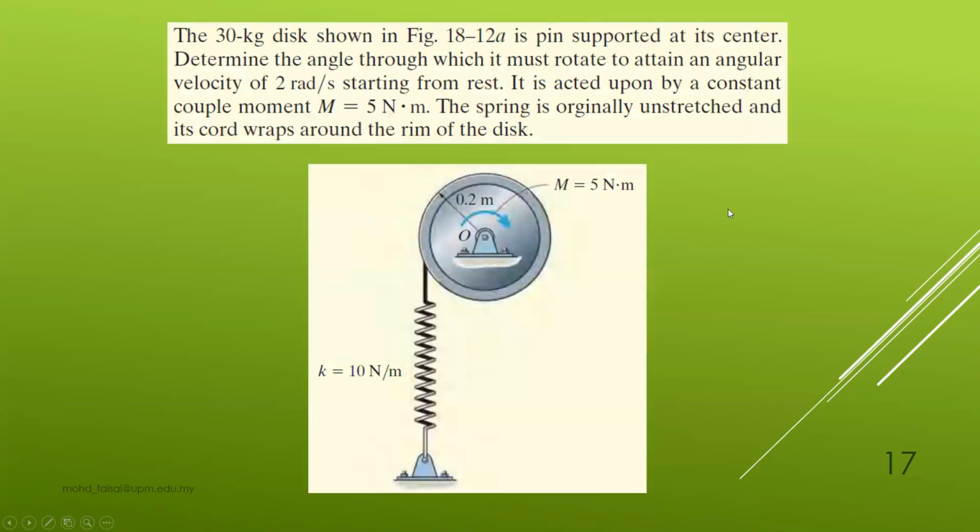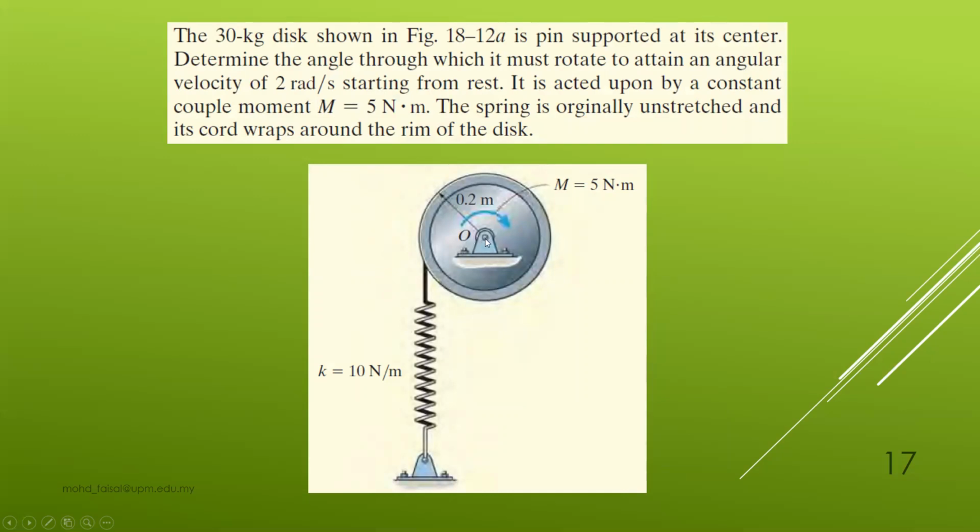Okay, moving on to the next example, where down here we can see that we have a 30 kg disc. This is the disc. The weight of this particular disc is 30 kg, and it is pinned at point O here.